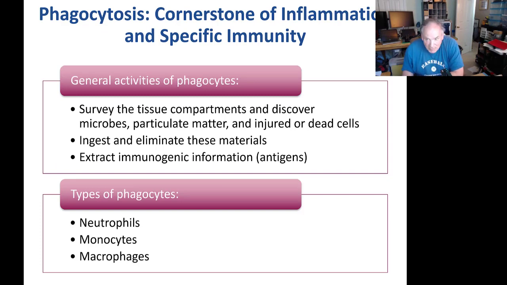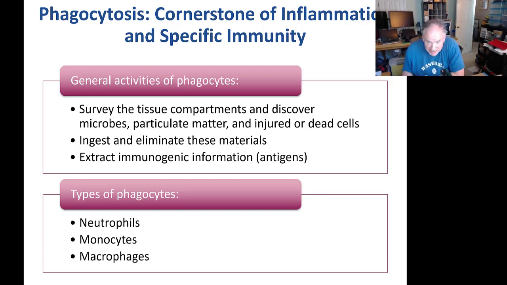Phagocytosis, which is "bag 'em and tag 'em" and recycle, surveys the tissue compartments and discovers microbes and particulate matter, ingests them, and in the process of ingesting eliminates those materials and extracts intelligence. In other words, it's interrogating, it extracts immunogenic information. We call them antigens, and that trains the immune system.